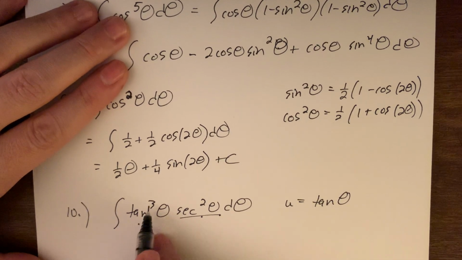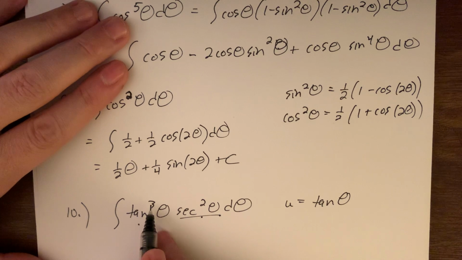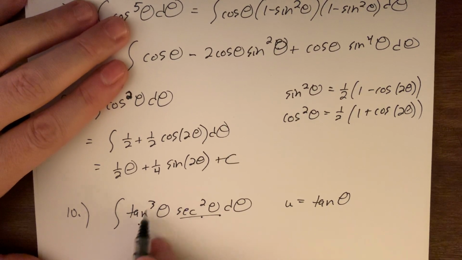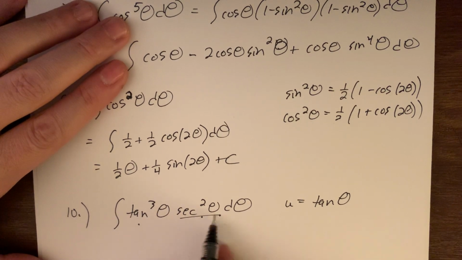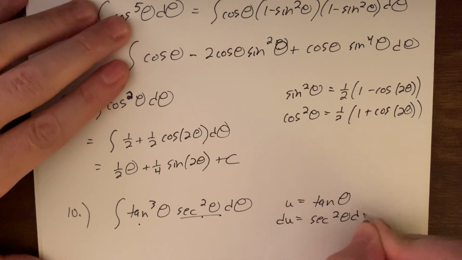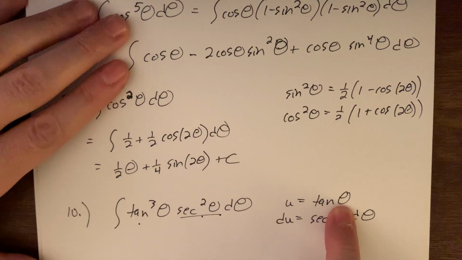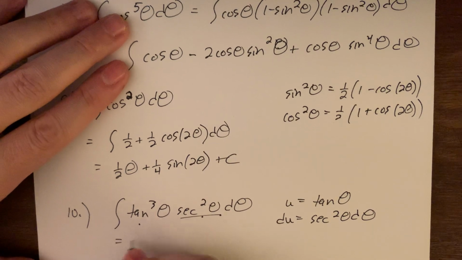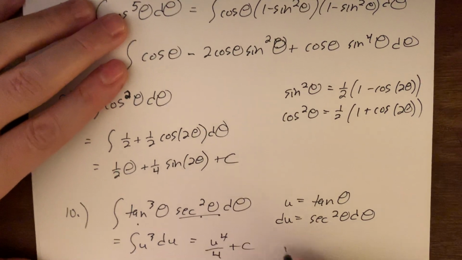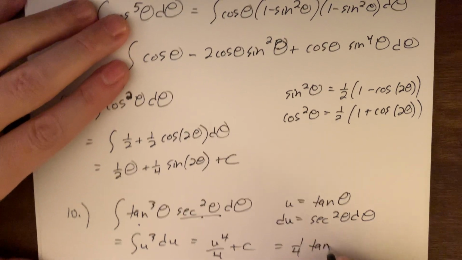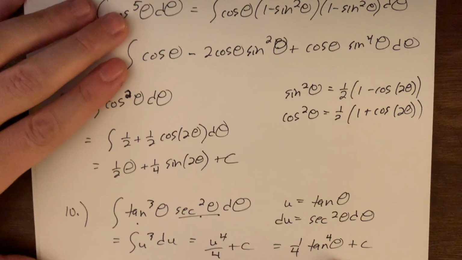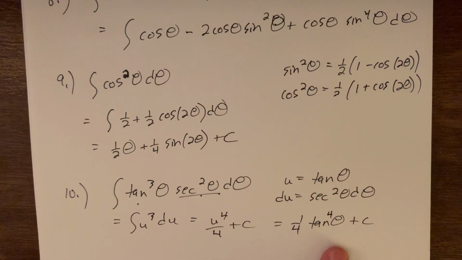So whether this was tangent cubed, tangent to the 5th, tangent to the 10th, the square root of tangent, any of those, there's my trig function to a power, and I'm not worried about this being to a power because that is the exact derivative of that trig function. This is a perfect u sub. So again, it ends up being tangent to the 4th power over 4, a fairly simple antiderivative.